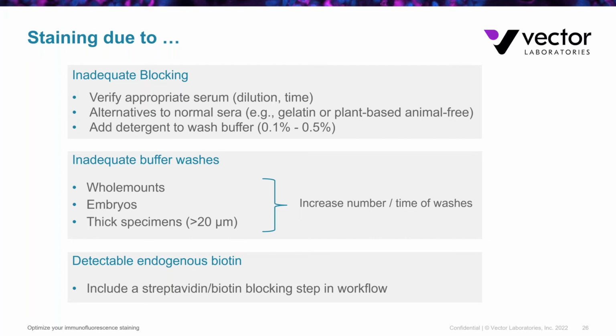Indeed, there are alternatives to serum if you're juggling a lot of different sera in your lab or you're looking for alternatives to animal-based blocking reagents. Fish gelatin has been used out there in the publications, or indeed there are plant-based reagents. There's one we do offer called an animal-free blocking reagent that you could look at.